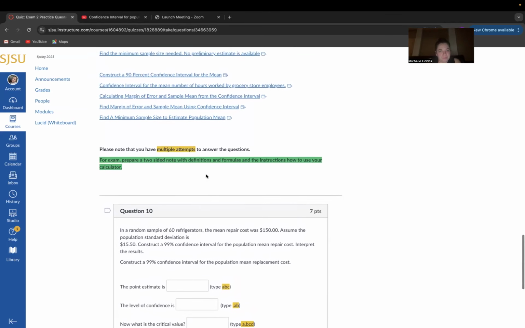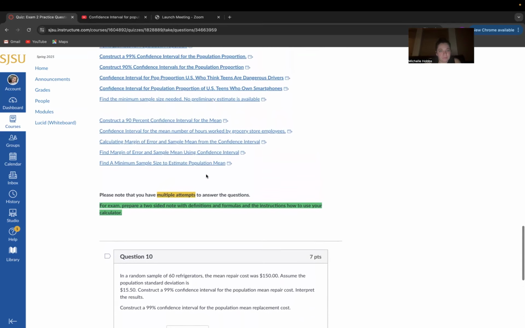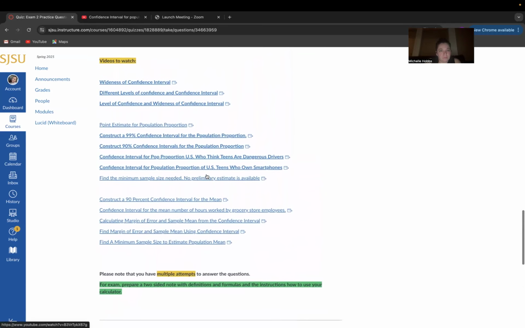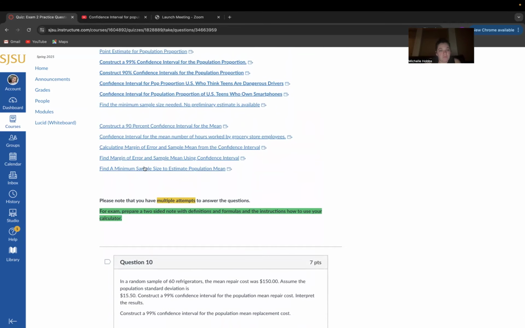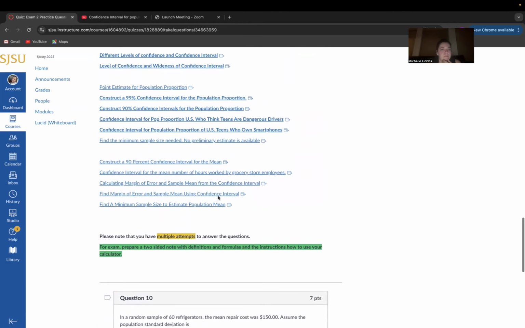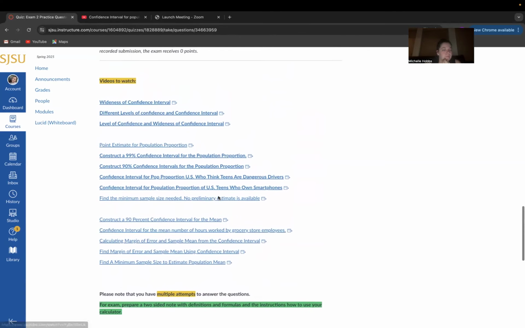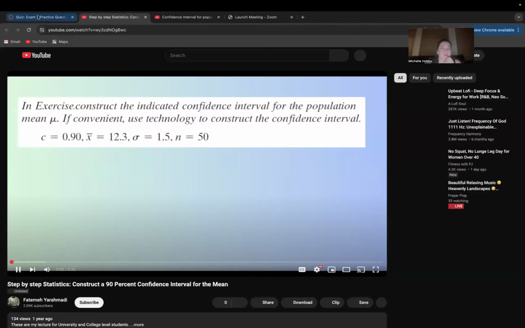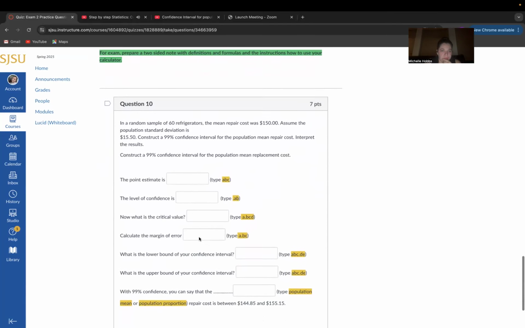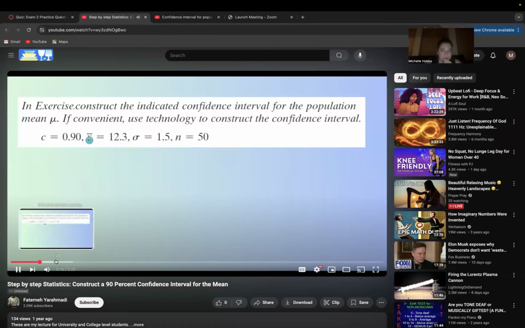So this question says, build a confidence interval for the population mean.